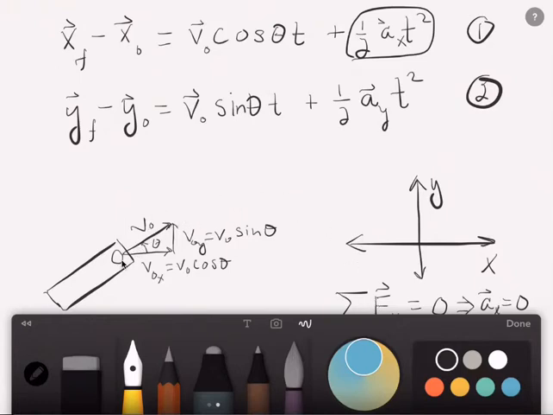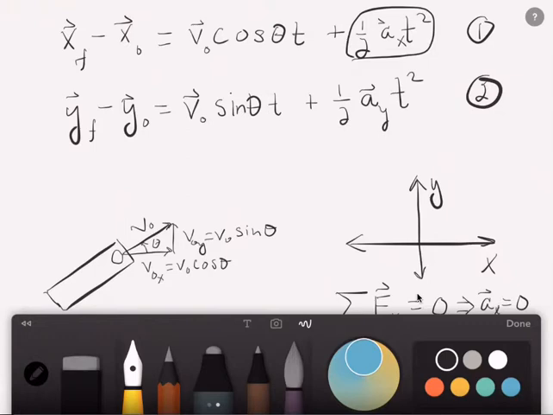Remember Newton's first law. Newton's first law basically says an object that is at rest tends to remain at rest unless an external force is applied to it. Or an object that is in motion, let's say it's in motion in a straight line, will remain in motion in that straight line unless an external force acts upon it. So we know that this object is going to just go up and then come down.